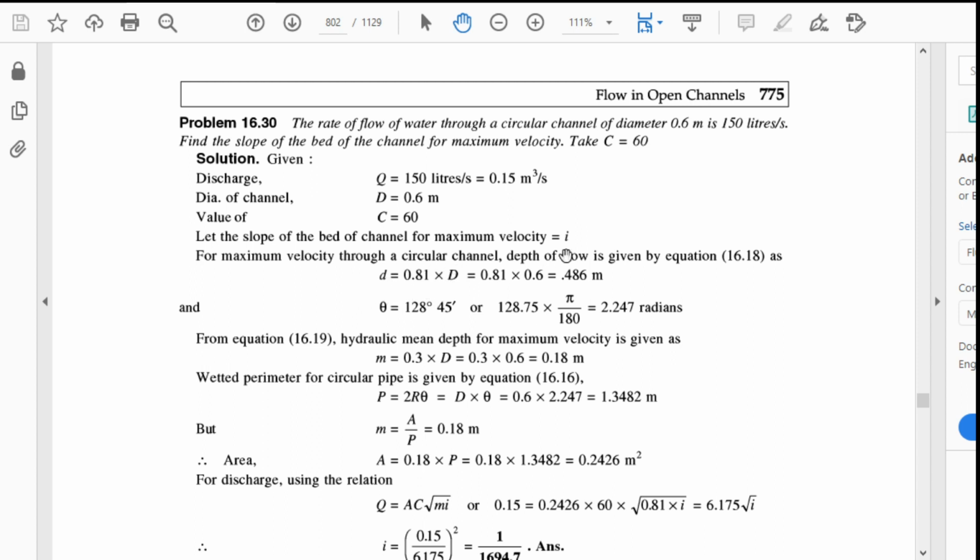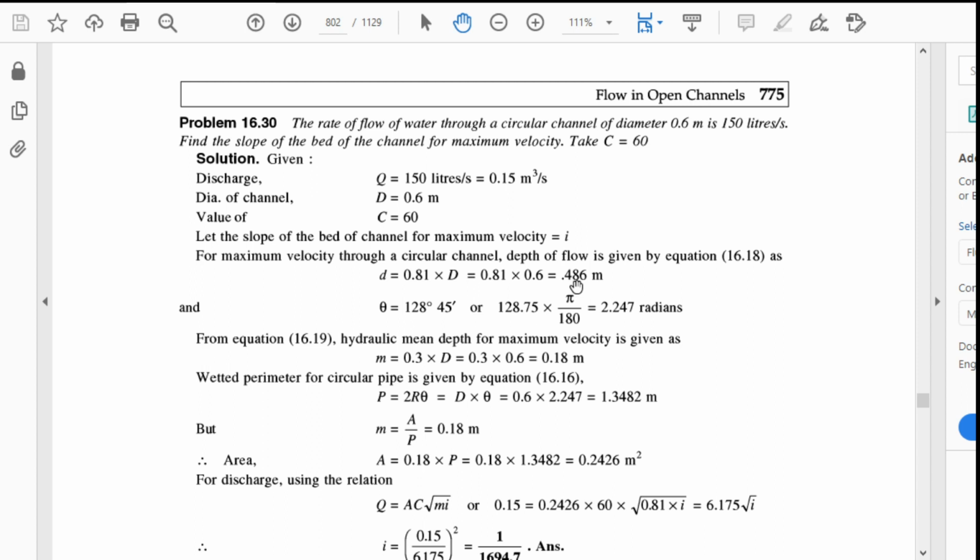Substitute the value of diameter here, and you will get the depth of flow as 0.486 meters.